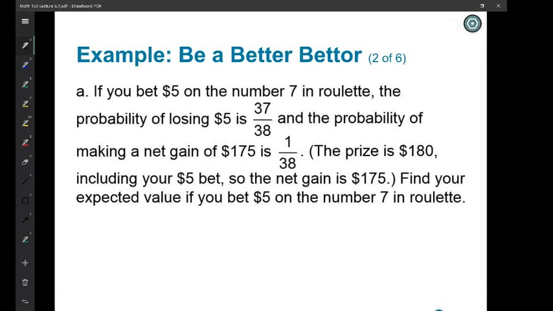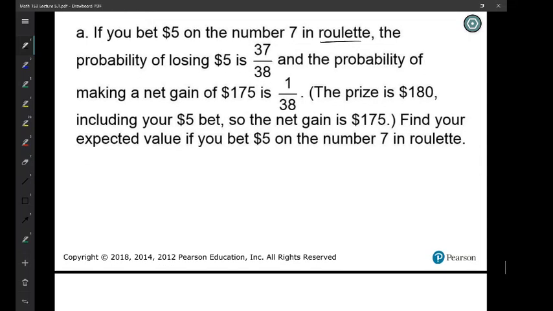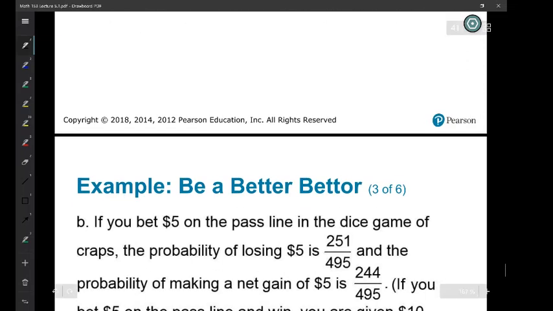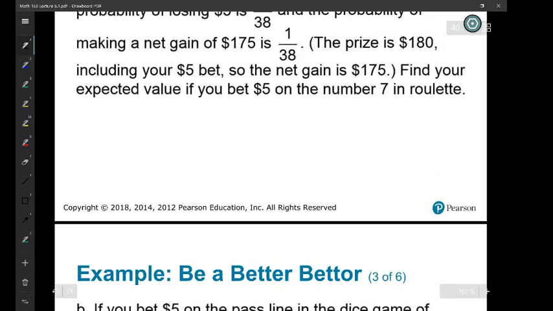So for roulette, the probability of losing is 37 out of 38. The probability of winning is 1 out of 38. And there's a net gain of $175 for a $5 bet. So find the expected value.